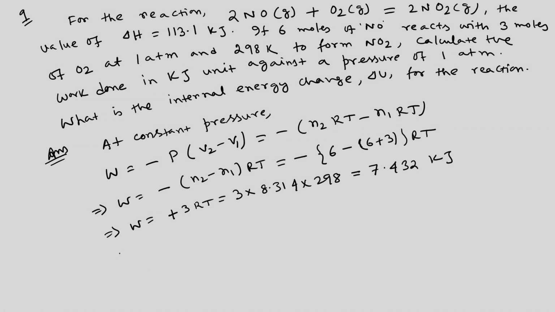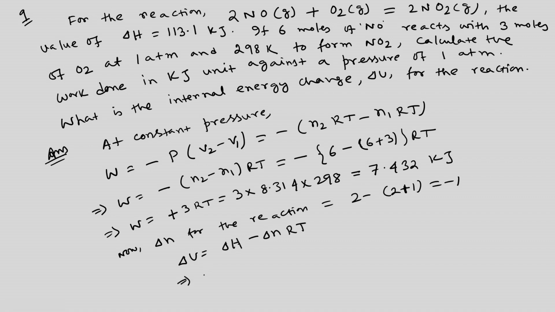Now delta n for the reaction is 2 minus (2 plus 1), which is 2 minus 3, so minus 1. So delta U is delta H minus delta n RT.